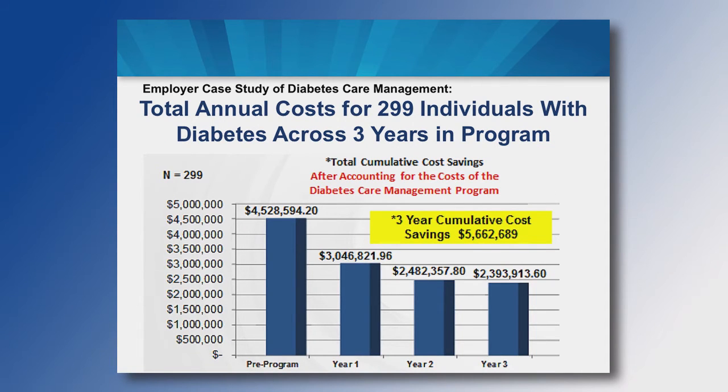In fact, when you look over time, the 3-year cumulative cost savings, even after taking into account the costs of the diabetes care management program, the 3-year cumulative savings, $5.6 million on 299 people with diabetes. And think how much those people appreciated not having to be in the hospital as much either.